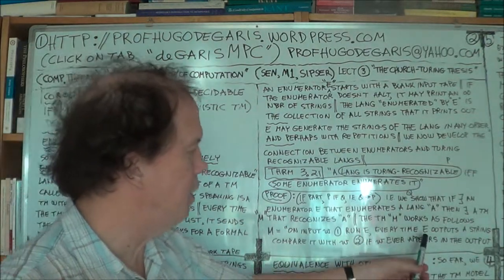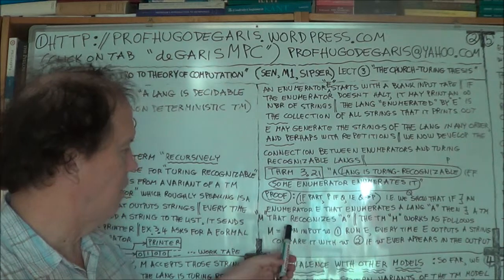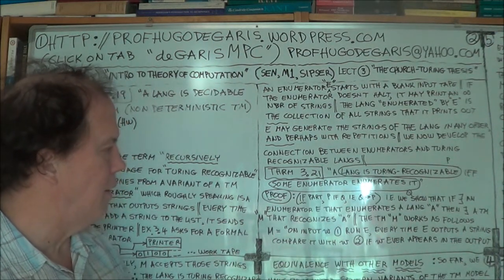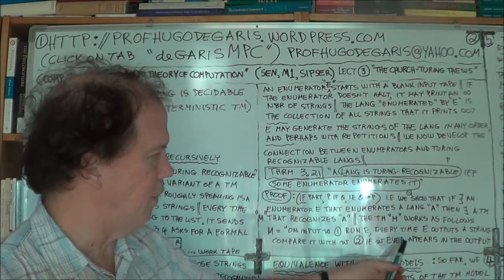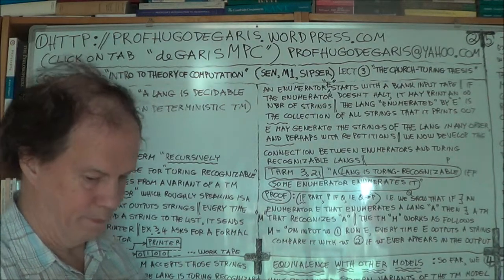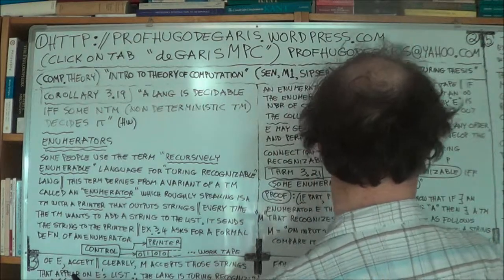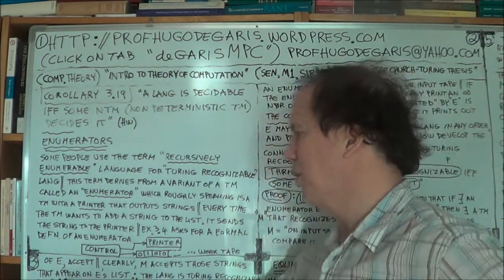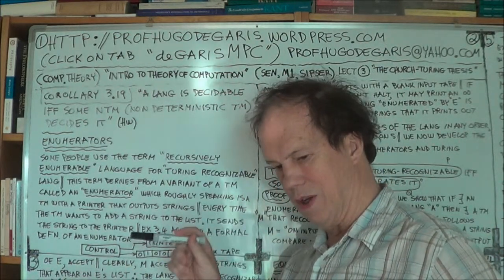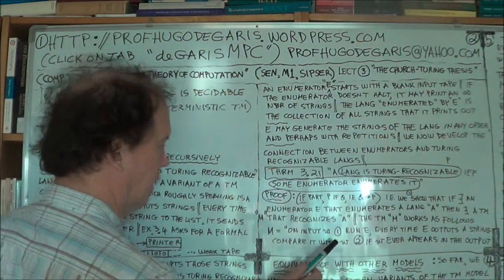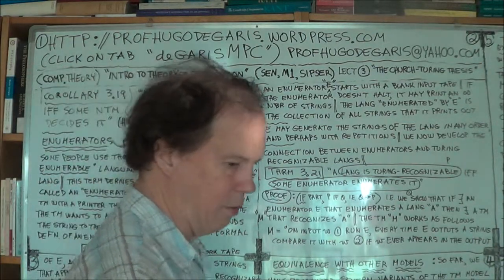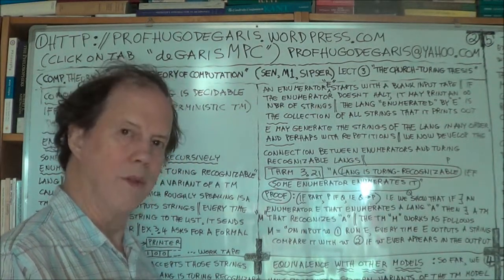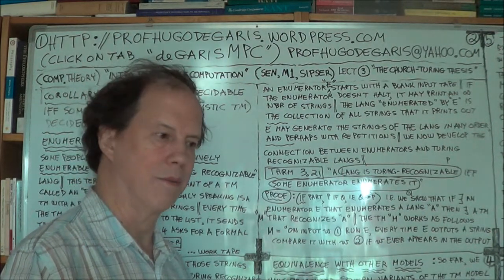Every time E outputs a string, compare it with W. If ever this string W is output by the enumerator, then have your Turing machine M accept. Whenever E prints a string that's the same as your input string W for machine M, Turing machine M accepts it. So they're doing the same job, equivalent.